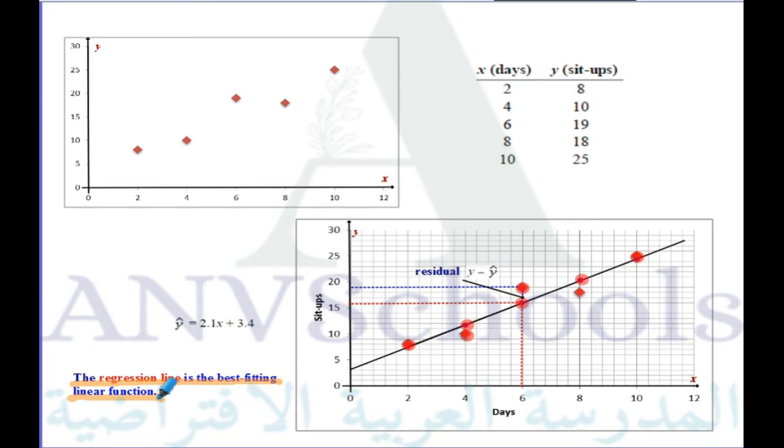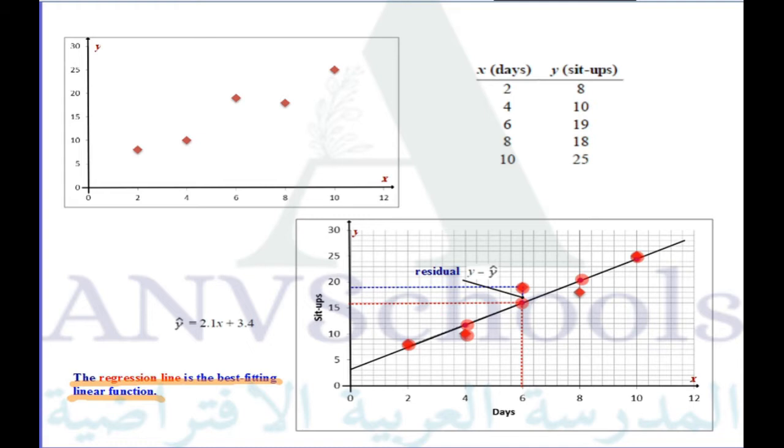Okay? When you say best fitting, in layman's terms, it is the line which closely fits all of the given points, or is very close to the given points. Now, this is our data, taken from the example in the previous lecture, and we have our days and sit-ups.